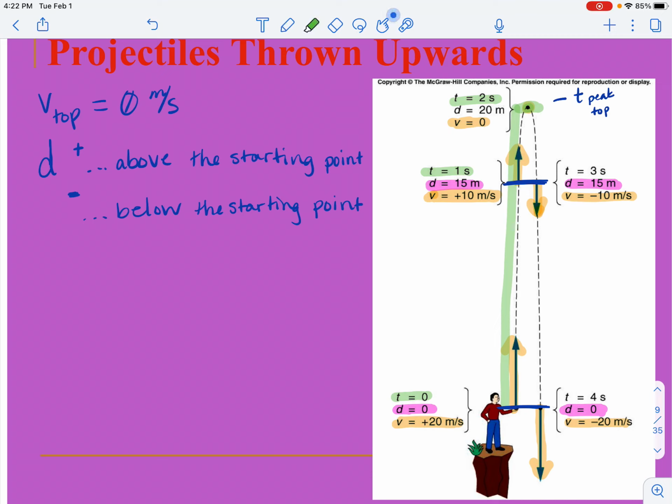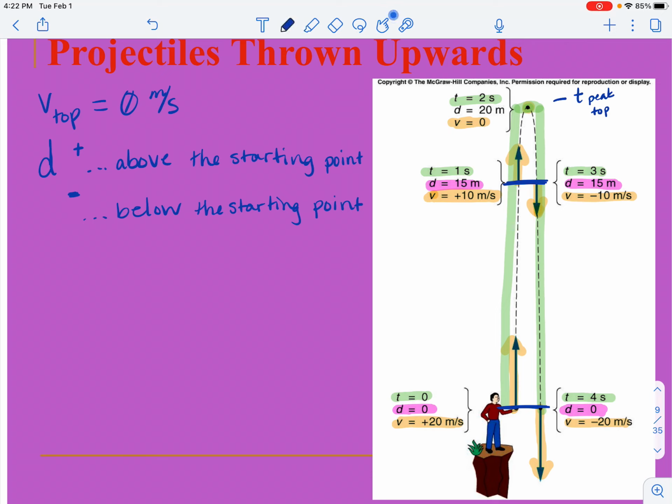Now, if we evaluate how much time it takes for the ball to go from this vertical position back to its original vertical height where it started, you can see that that also took 2 seconds of time. So it's 3 seconds, 4 seconds in total for my object to return to that same vertical position.